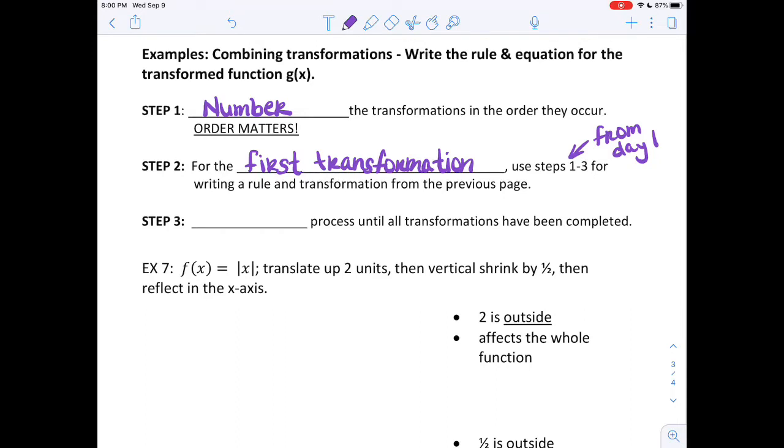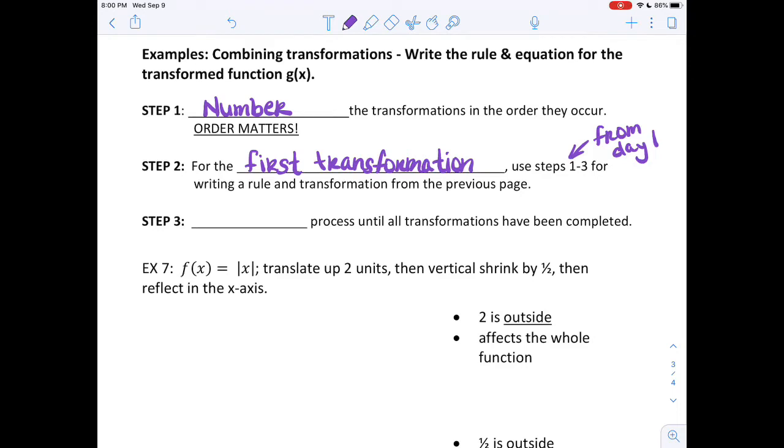So this looks like writing the rule in function notation, substituting for our original function f of x, and then doing any simplifying and distributing, combining like terms that we need to do.